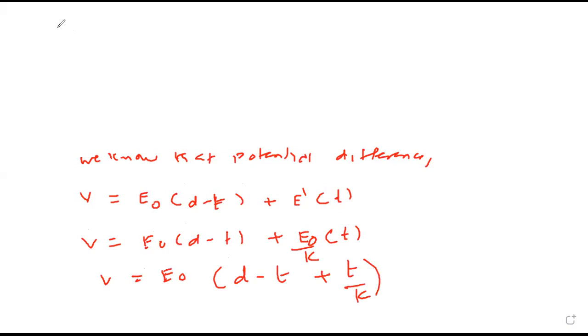Okay. Now, what is the capacity formula? C equals Q by V. It's a straight line.